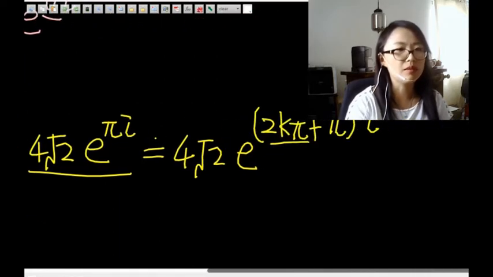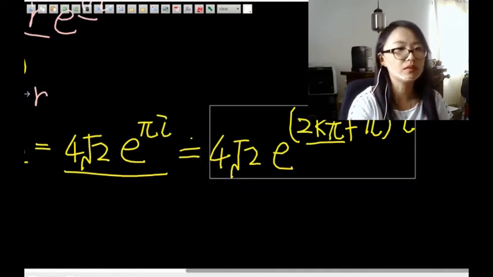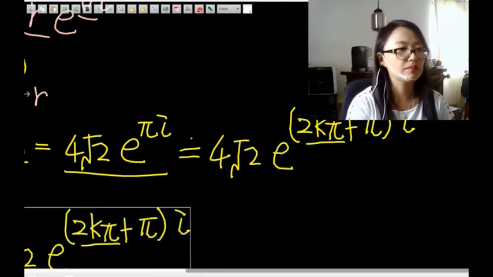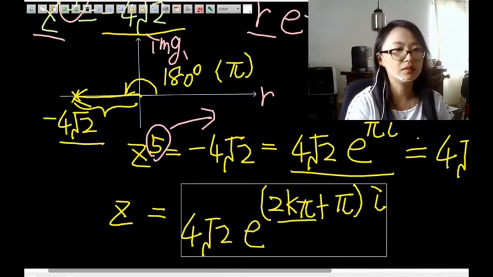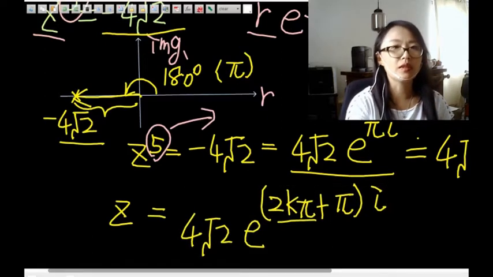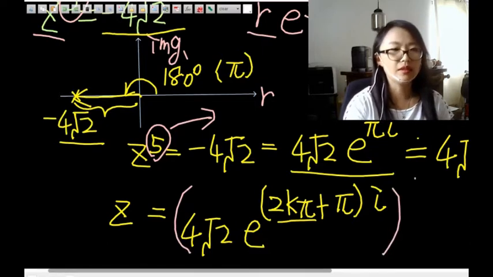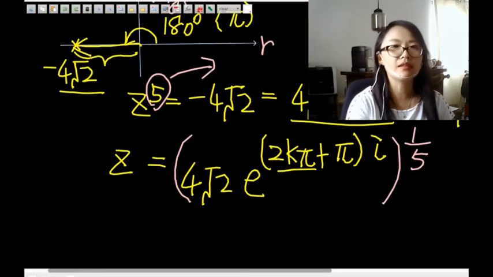So I'm going to copy all this to here. After I copy that, I'm going to put everything in brackets and put 1 over 5 to this side.